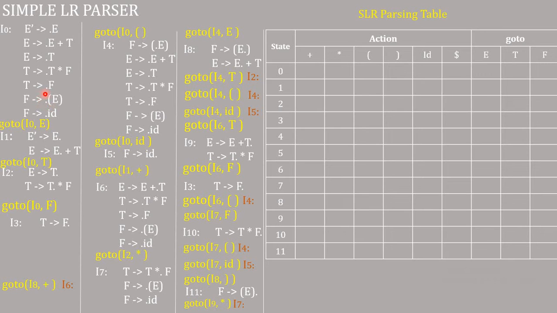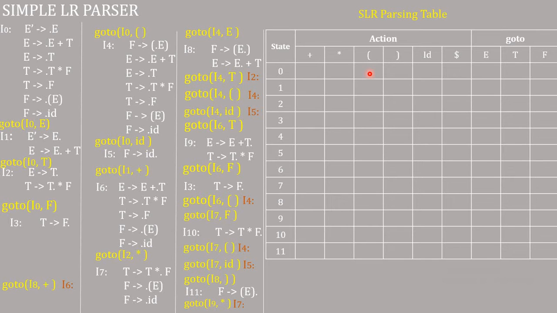So for state 0 and the terminal open bracket, we have to place an entry. What entry are we going to place? We are going to place a shift operation. Which shift operation?